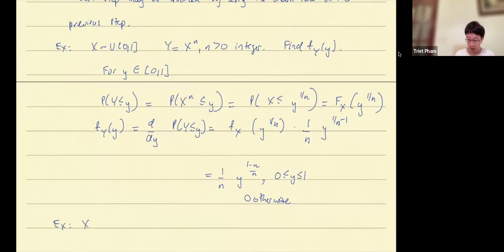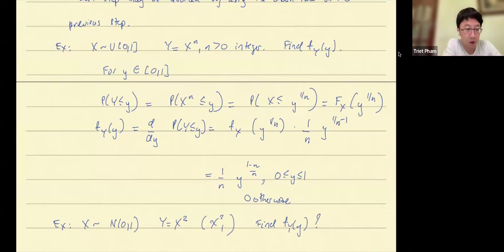Let's say X is standard normal, Y equals X squared. So this is exactly chi-square with 1 degree of freedom. What's the PDF of Y? This question may sound scary, but it's not.